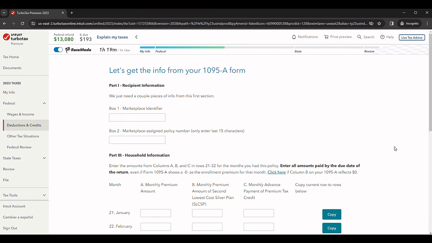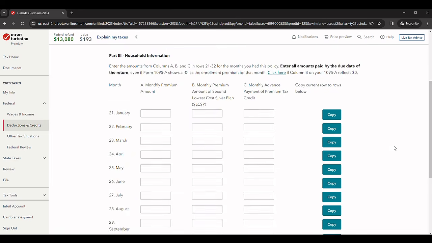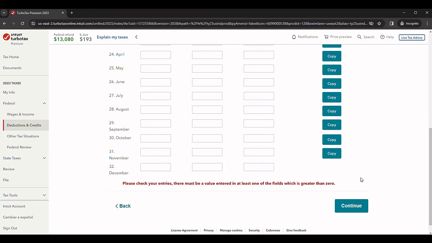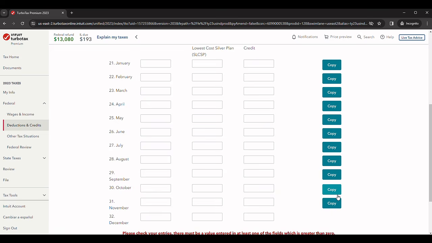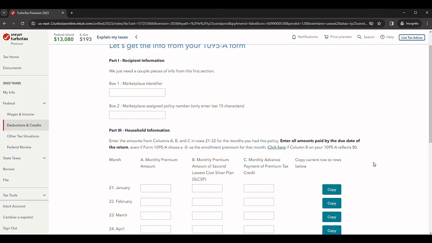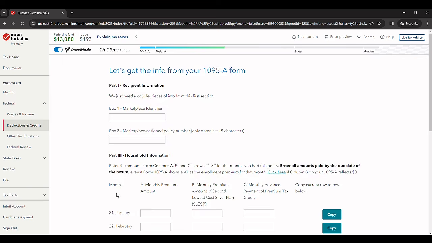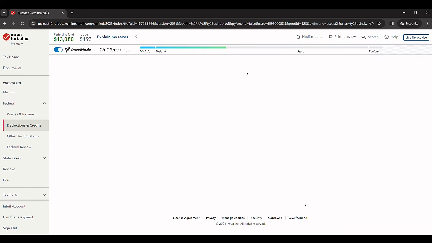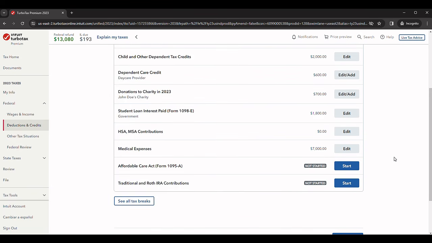This can help your refund, but it's obviously going to be very dependent on your situation. Please fill this out. You don't want to overlook this. But in this situation, we're going to pretend that you're getting health insurance through your employer, listed on your W-2, and we're not going to fill out this 1095-A. In certain situations a 1095-A will help you, but in other situations it will not. But please fill that out.